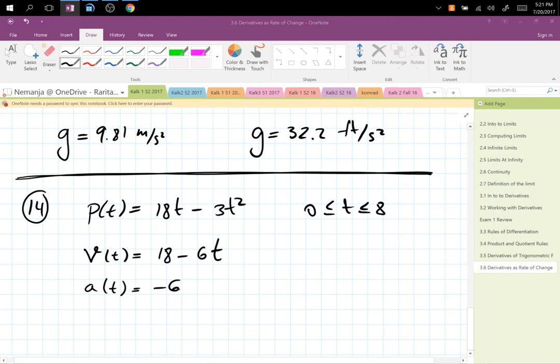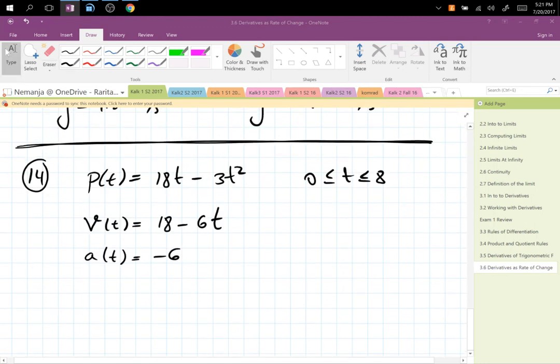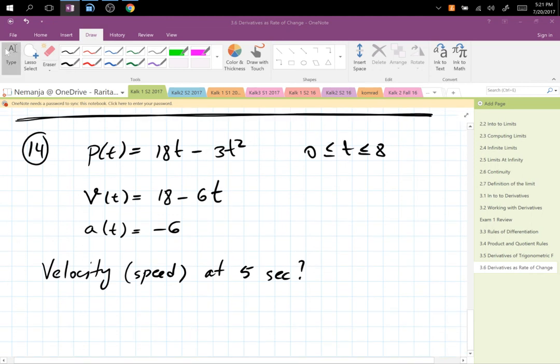Great. Now I would like to know the velocity after 5 seconds. Okay, so we are going to calculate v of 5.